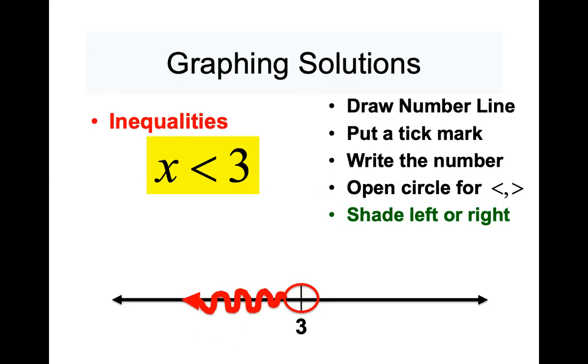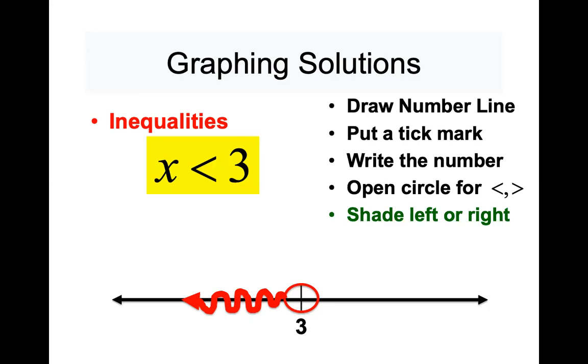Remember letter to number. The solutions are greater than 3. Yeah, but if you're reading it from right to left, you come to the 3 first. The solutions are smaller than 3. Both of these say the same thing if you read it from letter to number, or variable to number.